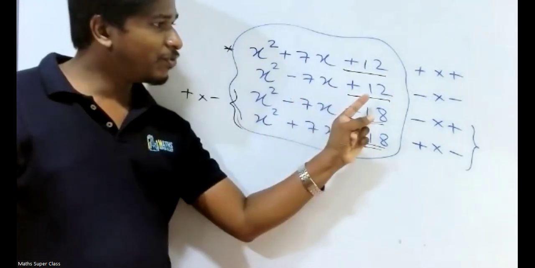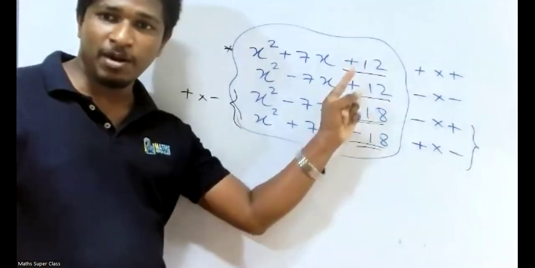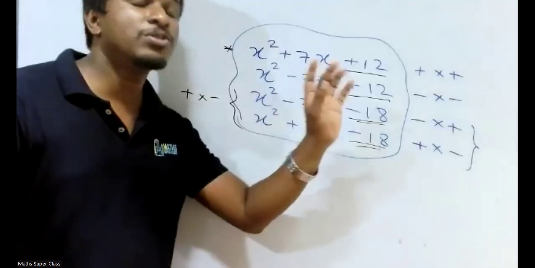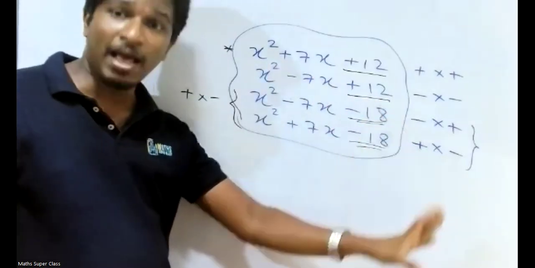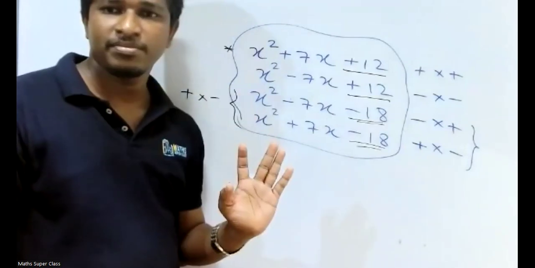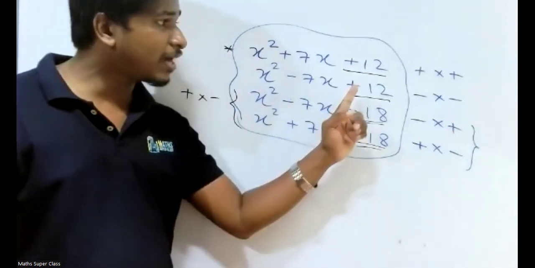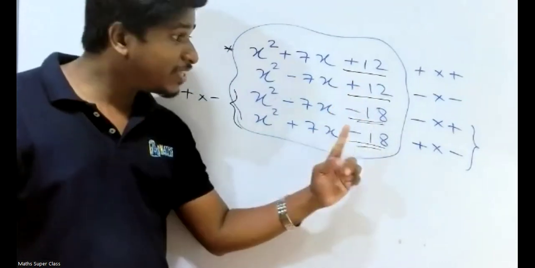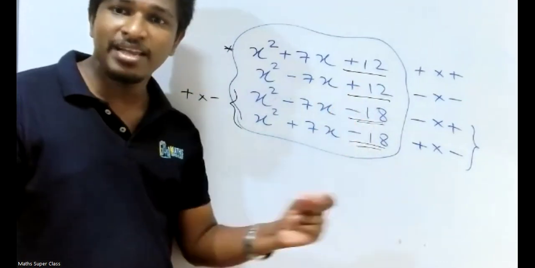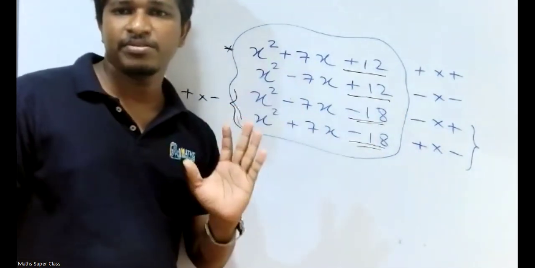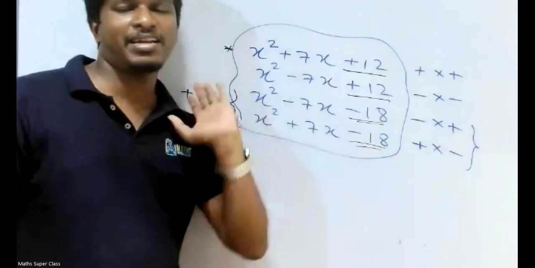But if this part is plus, we can say exactly it's not plus and minus. If this part is minus, then exactly we can say these two factors are plus and minus.